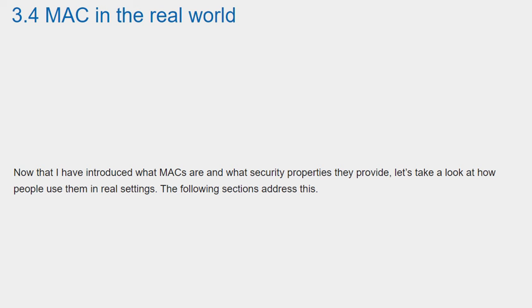Section 3.4 MAC in the Real World. Now that I have introduced what MACs are and what security properties they provide, let's look at how people use them in real settings. The following sections address this. Section 3.4.1 Message Authentication.